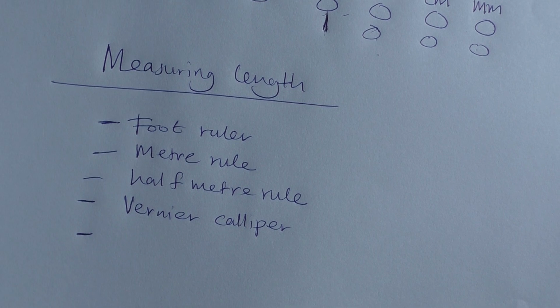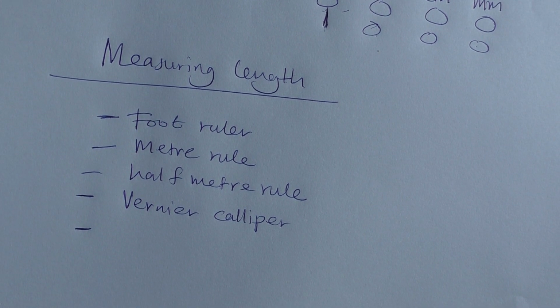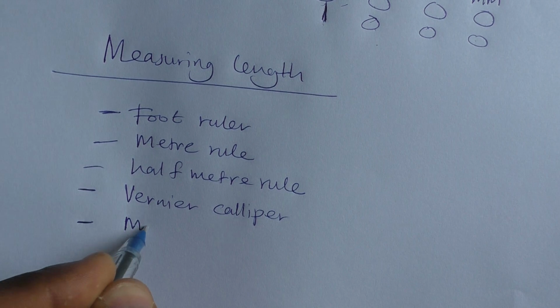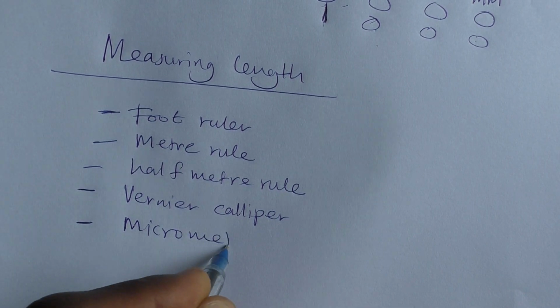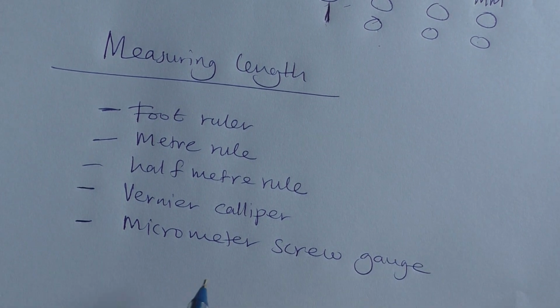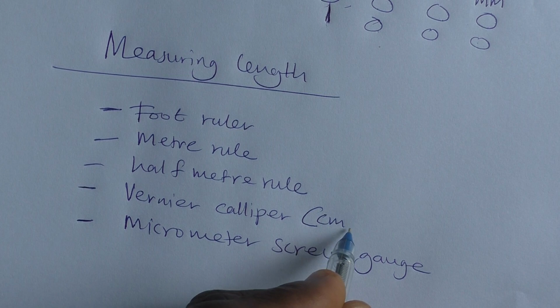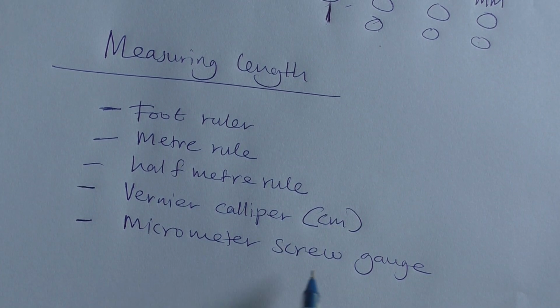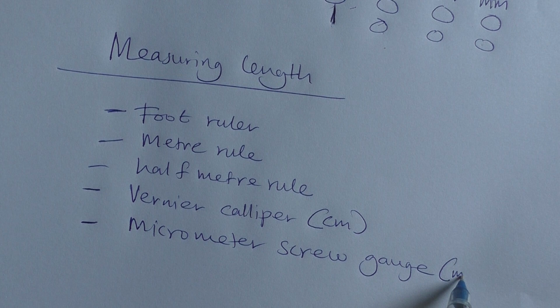Then for very, very small distances, for instance, you are asked to find the diameter of a bicycle spoke or the thickness of the meter rule, there we shall use the micrometer screw gauge. The vernier caliper measures in centimeters. The micrometer screw gauge measures in millimeters.